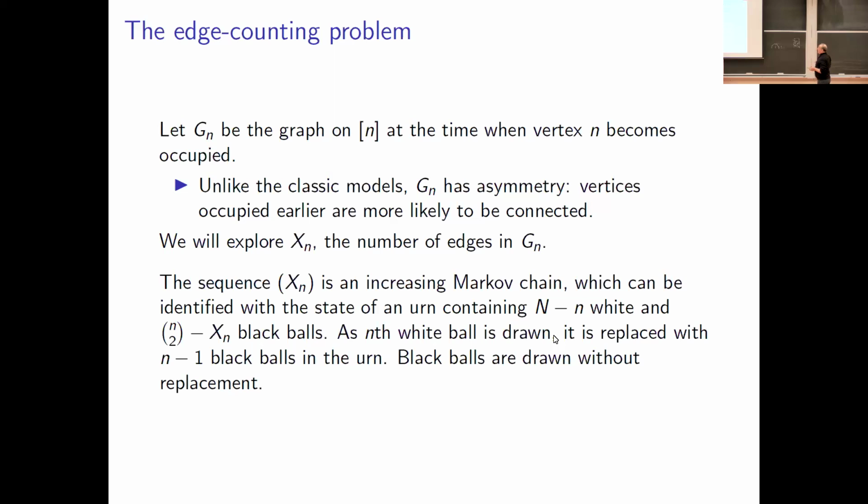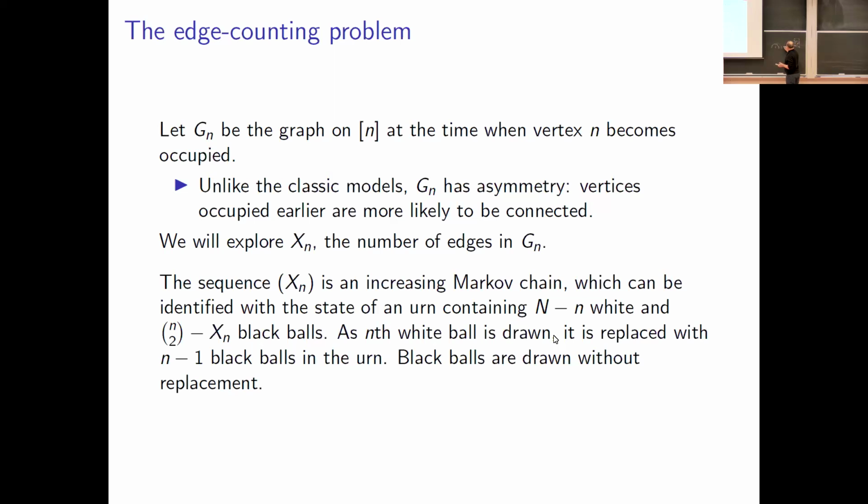Of course, we can represent this thing as an urn model. To make this the urn model, just call an edge a black ball and a vertex a white ball. Then, in terms of this urn model, the edge counting can be represented. A state of the urn is some number of white and some number of black balls, and you put them in a row.